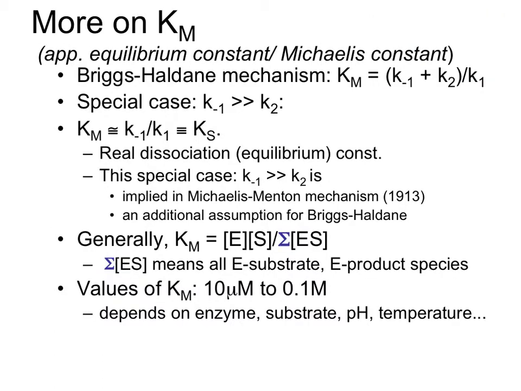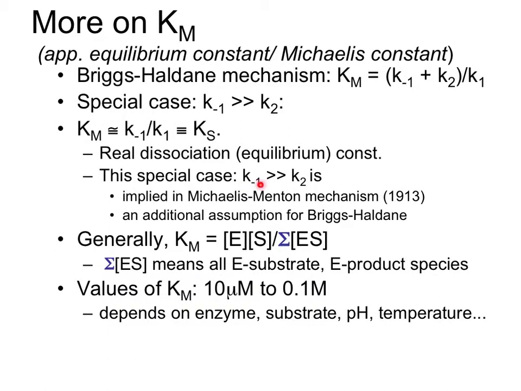Km, the Michaelis constant, also known as the equilibrium constant, like I'd shown you before in the Briggs-Haldane mechanism, Km is equal to this. There are special cases in which k minus 1 is much greater than k2, in which case Km will equal k minus 1 over k1, which is essentially the real dissociation constant.